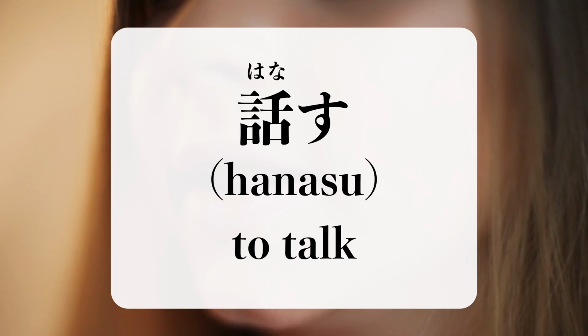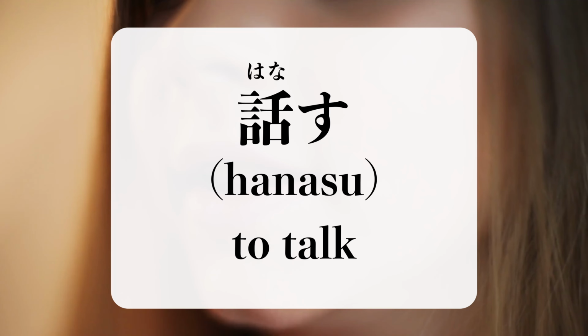Group 1, U-verbs. Group 2, Ru-verbs. And Group 3, Irregular verbs. Each group follows specific rules for conjugating into the te form. Understanding these will help you form the te form correctly.